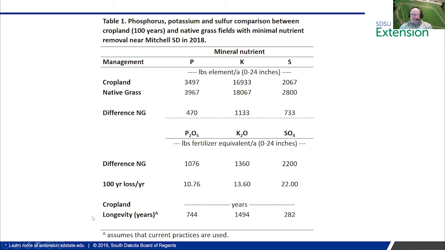How long can we go in this current land use pattern with our cropping systems? How long can we do that? Doing it the same way we've done it, applying relatively the same amount of fertilizers, because this cropland is receiving fertilizers, and just keep doing that. Well, it's quite long. We can go 744 years, and that phosphorus will be depleted. 1,494 years on the potassium, and only 282 years on the sulfur.